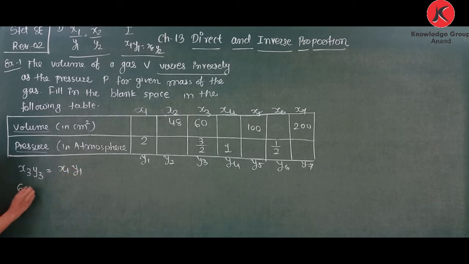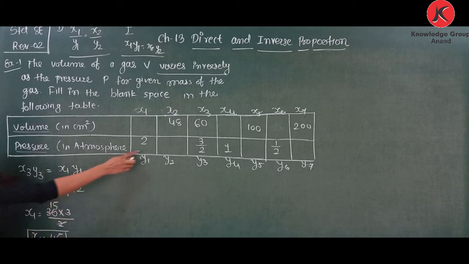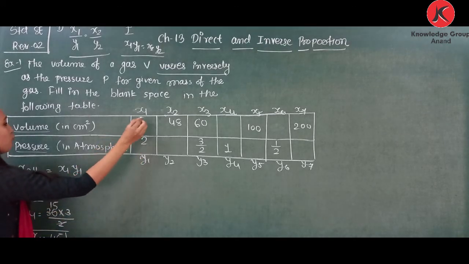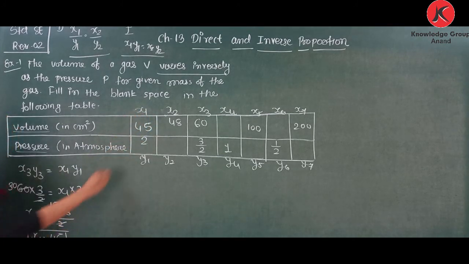So 60 multiplied by 3 by 2 is equal to x1 multiplied by 2. Now x1 is equal to 30 multiplied by 3 divided by 2, so x1 is 40. So when pressure is 2, volume will be 45.